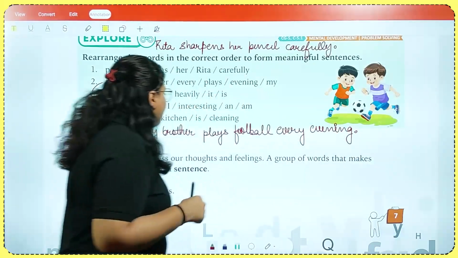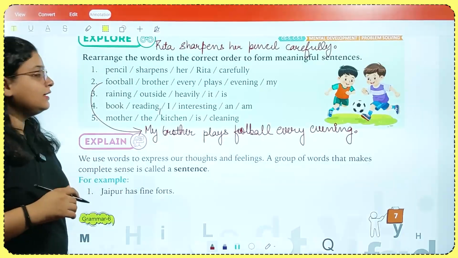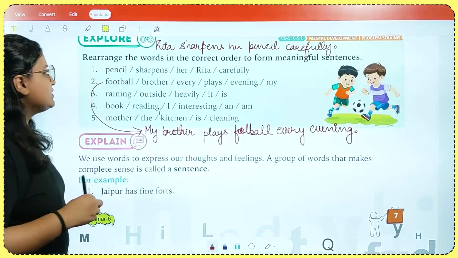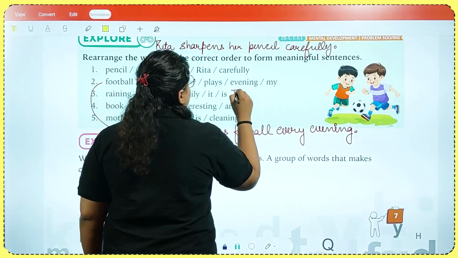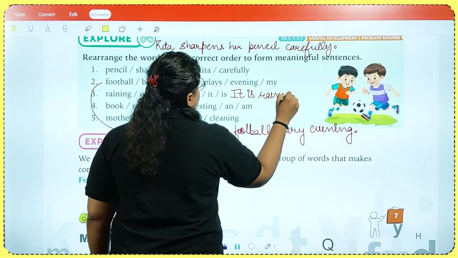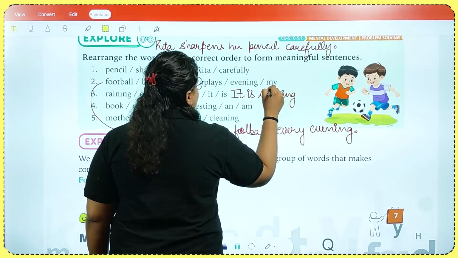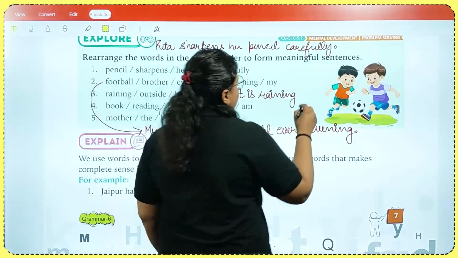Right? Now: raining outside heavily it is. So how can we rearrange this sentence? It is raining heavily outside.